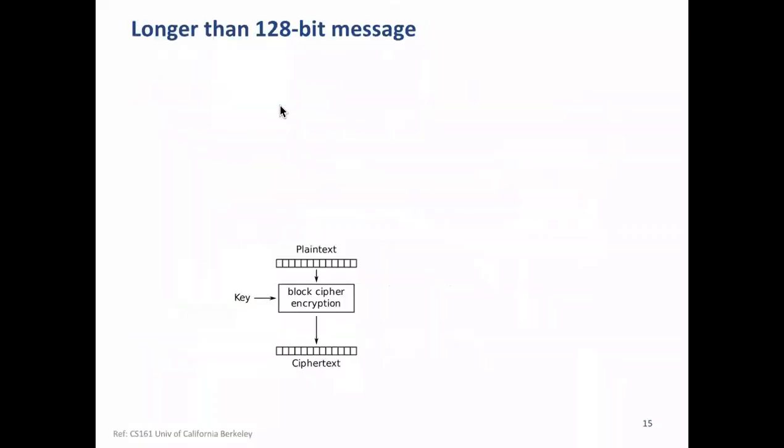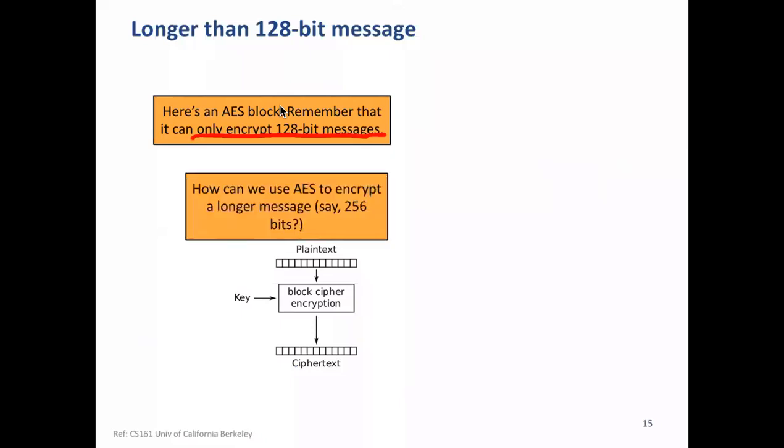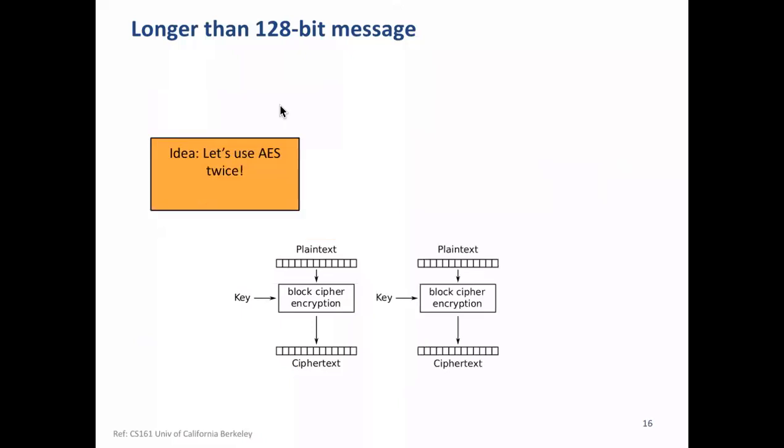So first, we have a 128-bit message, and here is the AES block, and it can encrypt only a 128-bit message, right? So now there is a limitation, as we have just discussed earlier. Now suppose we have to encrypt 256 bits, then what can we do? Simple thing is to use AES twice. So this becomes 256.